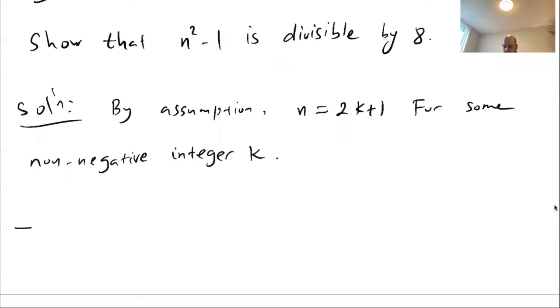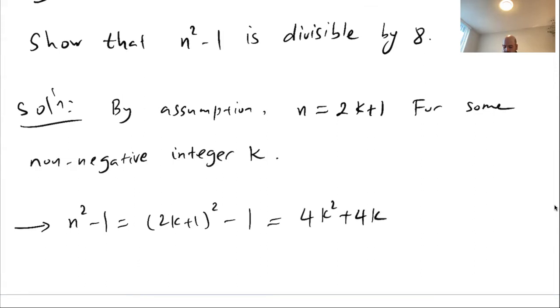So n squared minus 1 would be 2k plus 1, the whole squared, minus 1. So that's going to be 4k squared plus 4k, right? Because then I will have (a plus b) squared equals a squared plus b squared plus 2ab. So I will have a plus 1 term, which cancels with the minus 1 term, and I'm going to be left with 4k squared plus 4k.